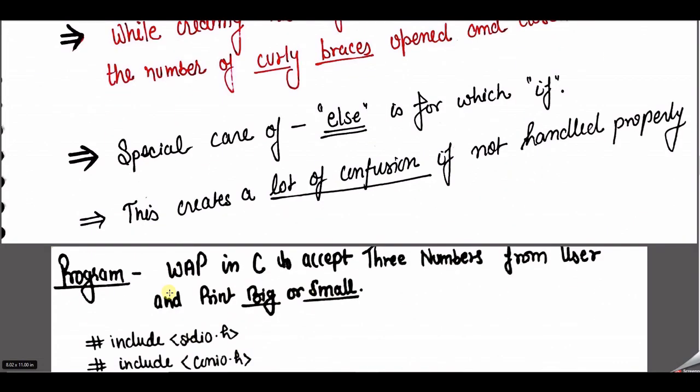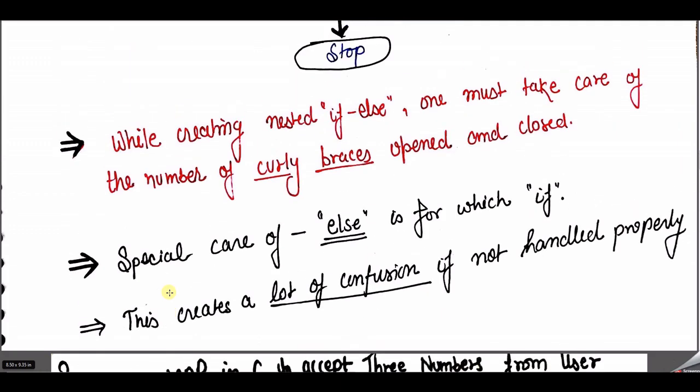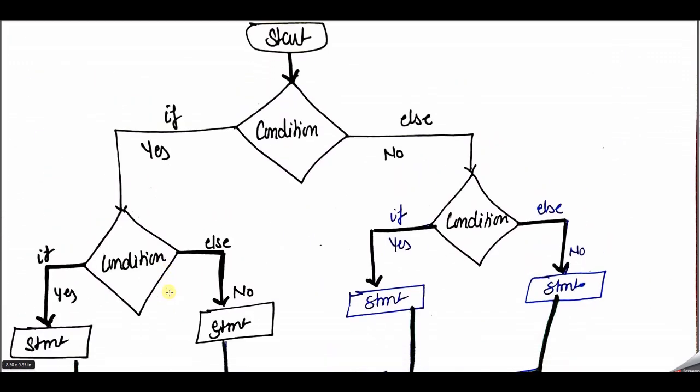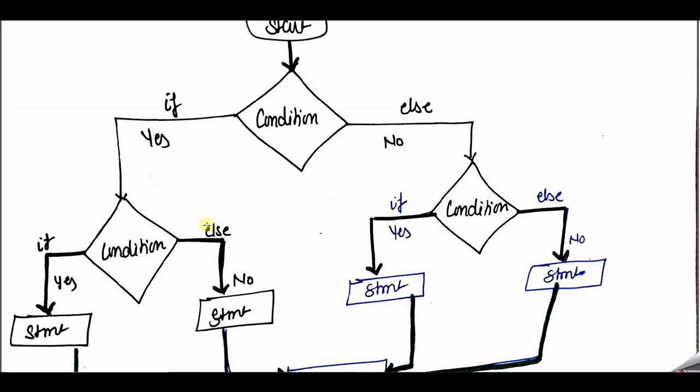The second point is to take special care of which if each else belongs to. Don't be confused between the else part of the first if and the else of the second if.